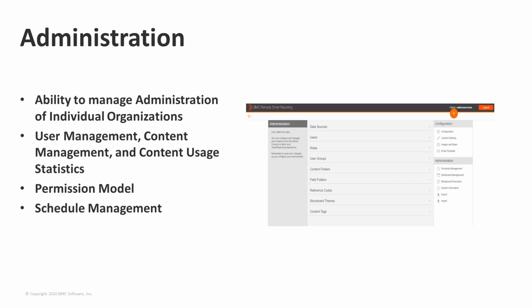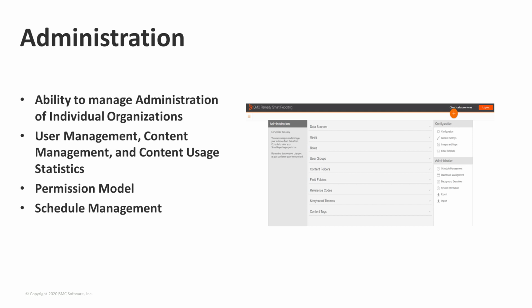So let's have a quick look at the administration area. So the admin area contains all the system information pages, the user and content settings that are required to maintain the application. So only users with appropriate permissions will have access to the admin page.